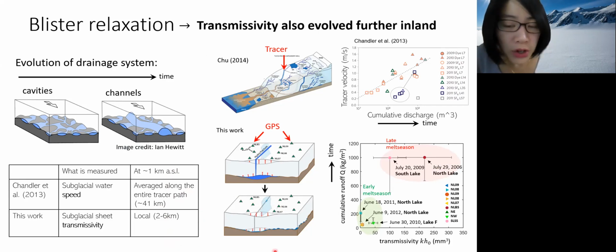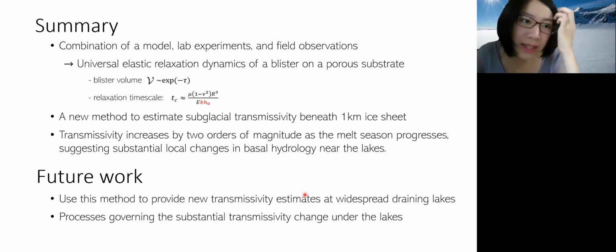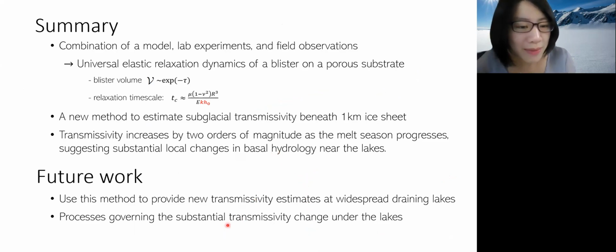And currently, no observations of transmissivity exist for elevations above the 5 lakes investigated in our study. These observations are needed to understand the evolving subglacial hydrology and its impact on the sliding in the ice sheet interior. All right, so this is a summary and I look forward to seeing you virtually at AGU.